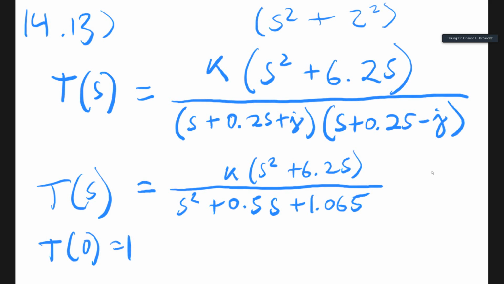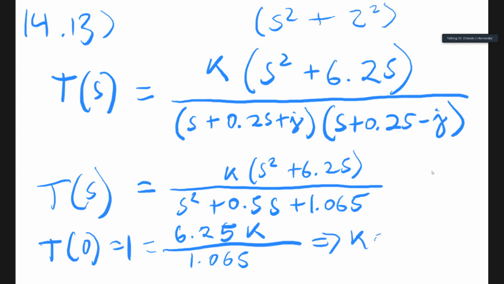And then if we just zero out s, we get that 6.225K over 1.065, and that's going to give us a K value of 0.17.